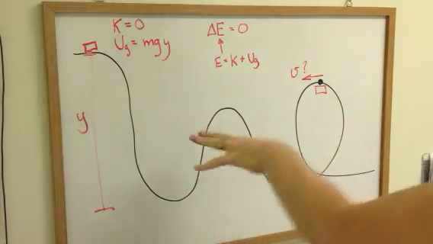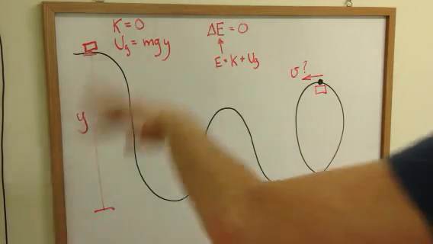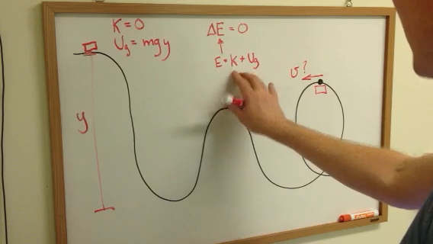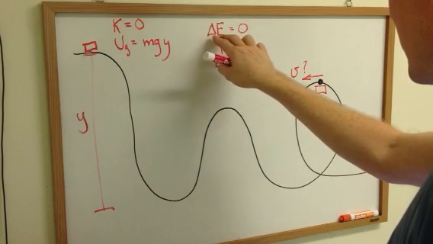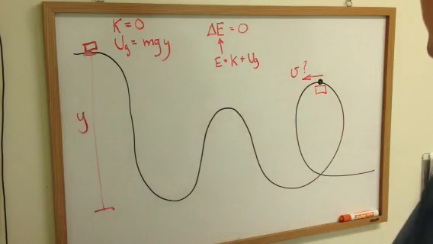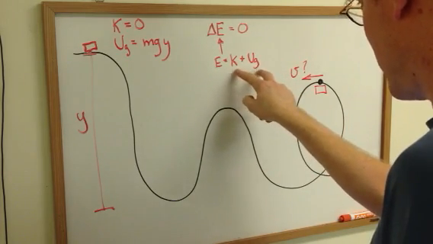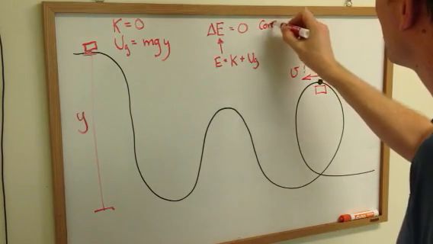There's no springs here, there's no change of chemicals, none of the other categories. We're going to assume no friction, so there's no heat loss. These are the only two energy categories. Add them up, and in all the different positions, the energy is not changing. It's going to swap back and forth between these two categories of energy, but the total is not going to change. This is conservation of energy.